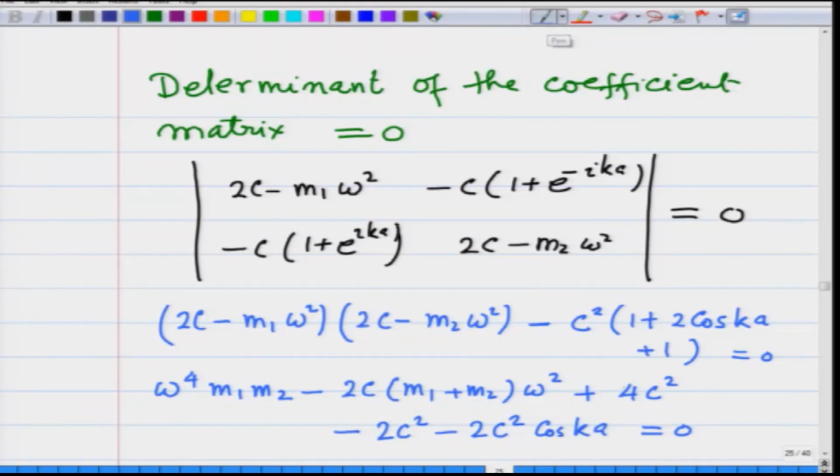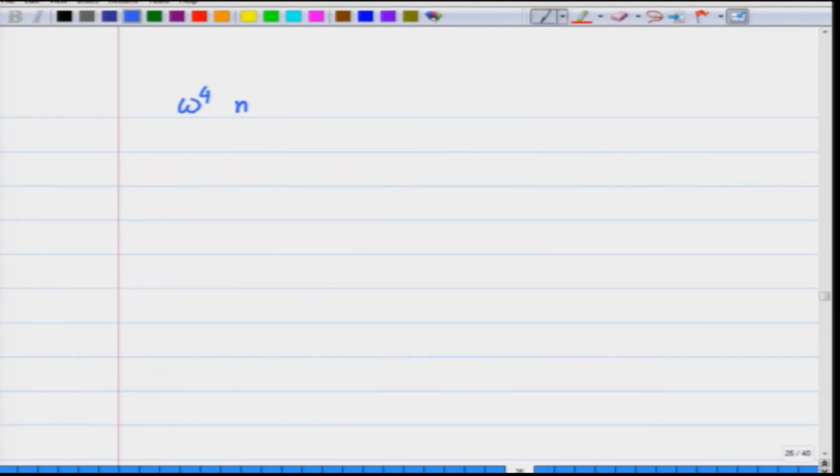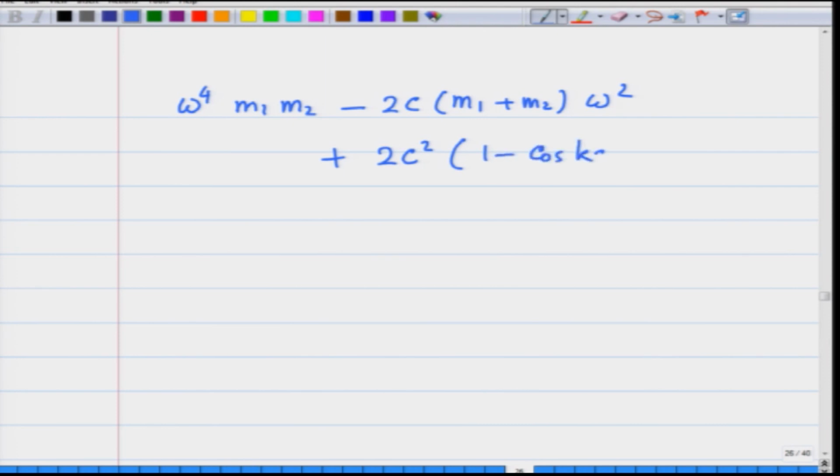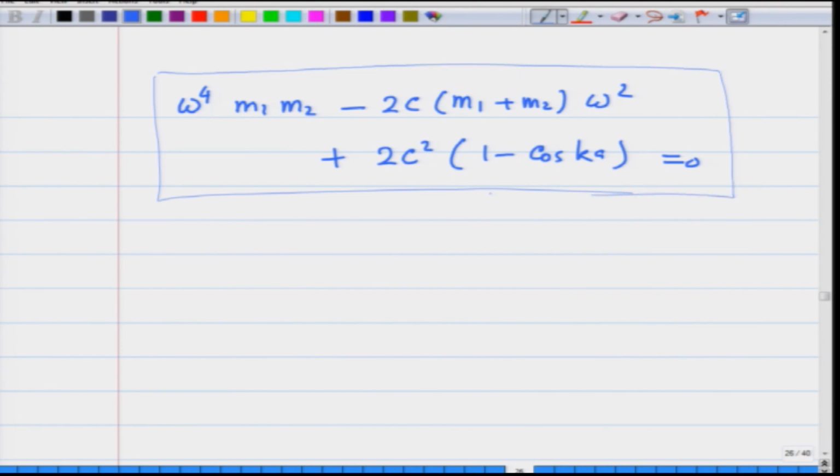I collect the terms 4c square and 2c square here, and then write this equation as omega raised to 4 m1 m2 minus 2c (m1 plus m2) omega square plus 2c square (1 minus cosine of k a) is equal to 0. This is the equation to be solved to get omega versus k.